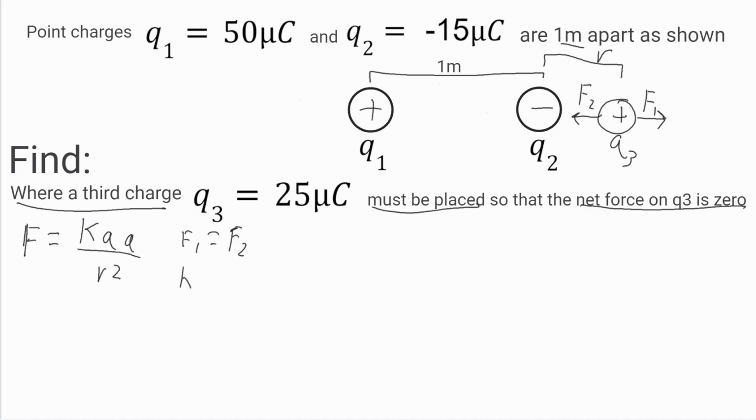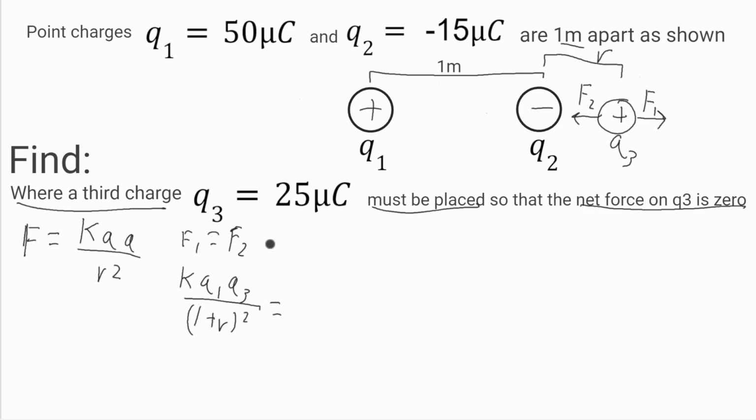So I'll write F1 first. It'll be K, and F1 is supplied by Q3 and Q1, so my Q's will be Q1 and Q3. And the distance will be the distance from Q1 to Q3, which is 1 meter plus R. So on the bottom, it'll be (1 plus R) squared.